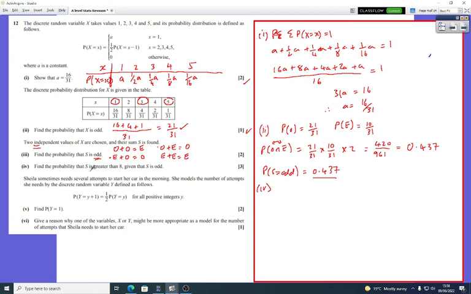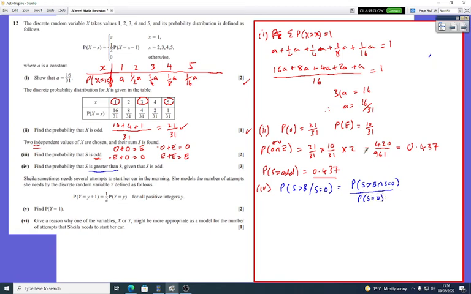Probability S greater than 8 given S is odd is the same as probability S is greater than 8 and S is odd, divided by probability S is odd.